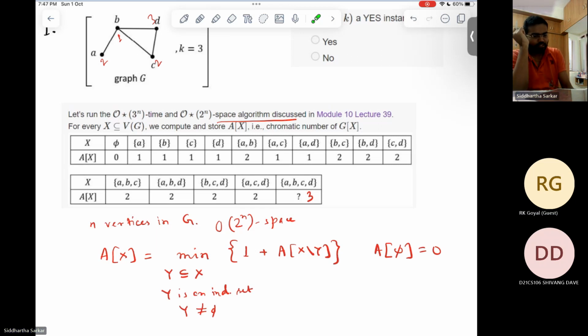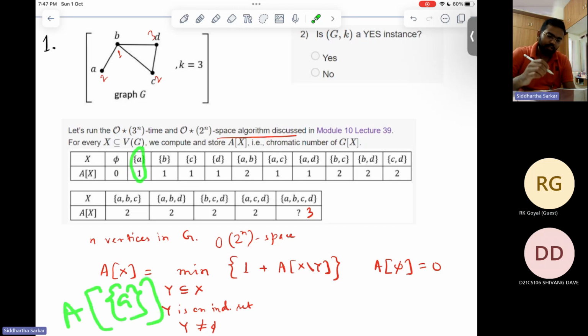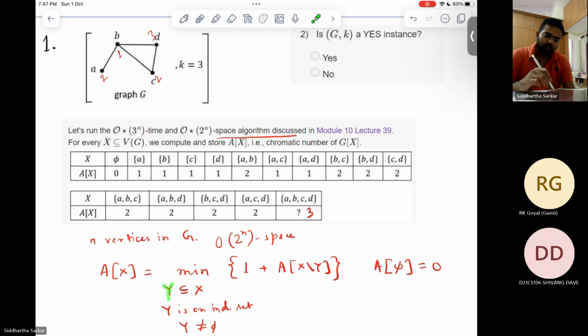Correct. So let's do it for this graph first. Let's try to do it formally. The entry corresponding to phi is 0, that is the definition of the base case. So now how do you compute A of A? Consider a subset of X which is an independent set but not empty.